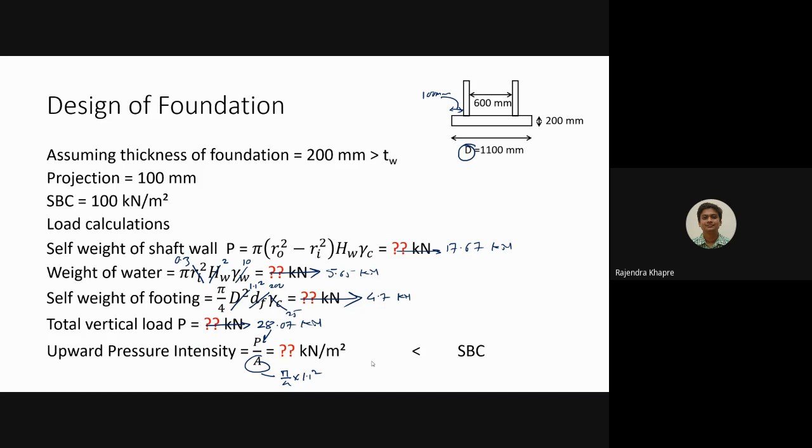That gives 29.5 kilonewton per meter square, and this SBC value is 100. Okay, so definitely everything looks good.